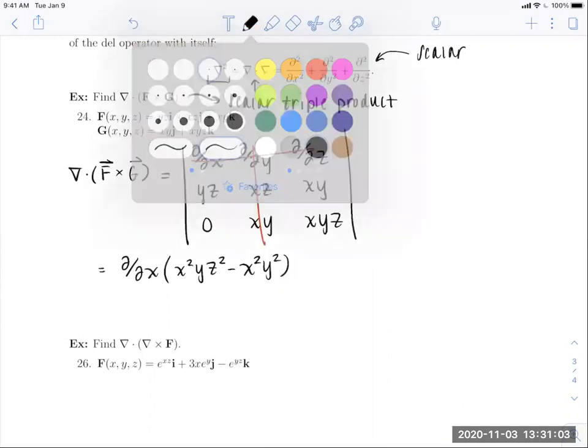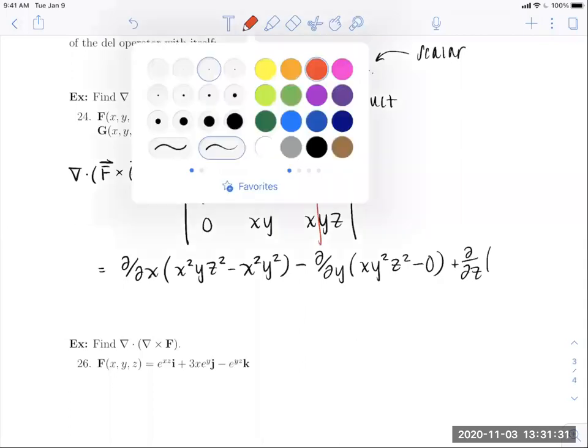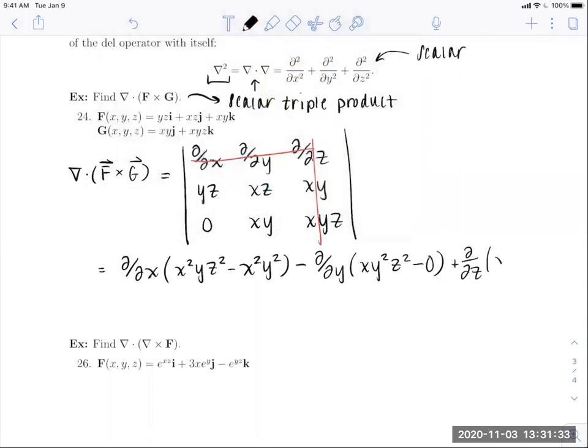Now remember, when you're computing determinants, you always switch signs. So this is del y. And now taking the determinant of this cofactor matrix, I get x y squared z squared minus 0. And then finally, I'm going to move on to the last term. And I'll just strike through the del z column. And that is going to give me x y squared z minus 0.